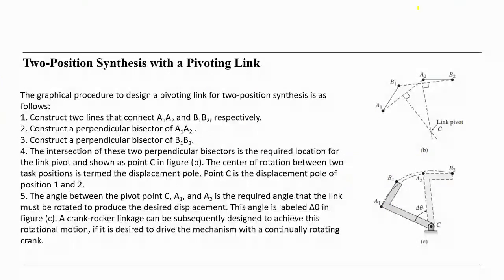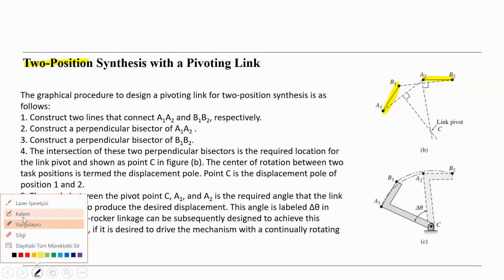Here we have an example: two-position synthesis with a pivot link. This is position 1, A1 B1, and this is position 2, A2 B2. So how can we do that?